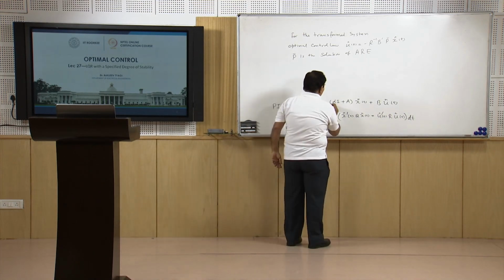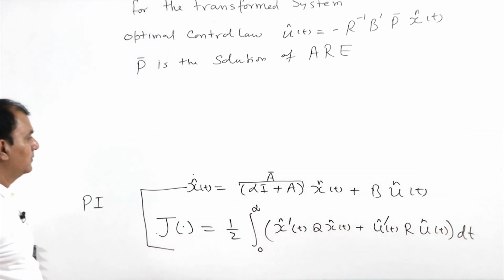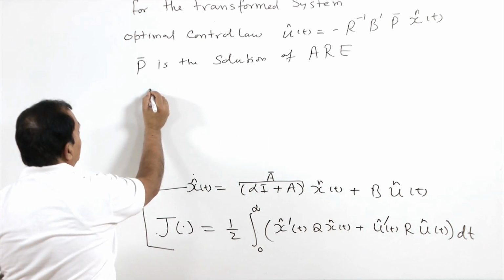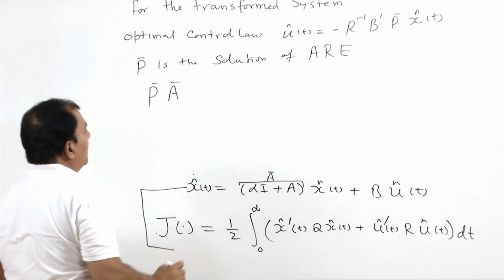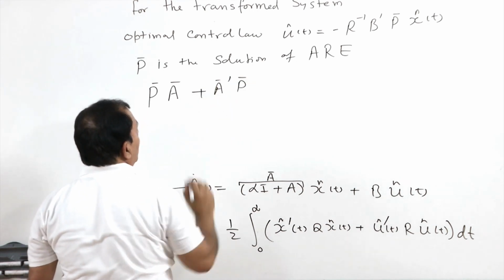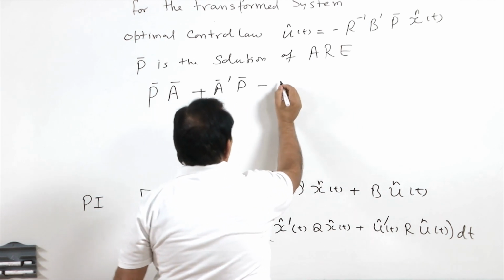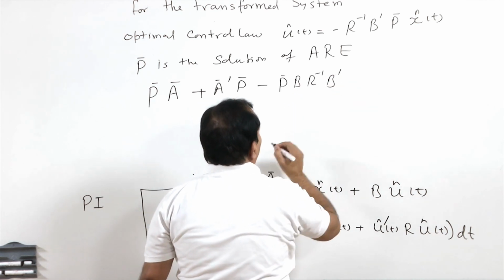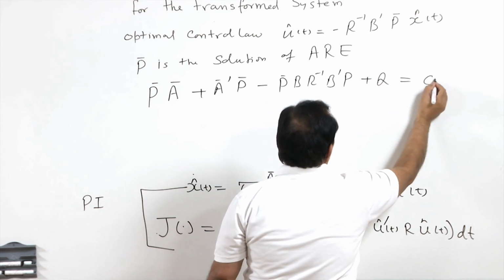If I consider this whole matrix to be, let us say, A bar, my ARE will be P bar A bar plus A bar prime P bar minus P bar B R inverse B prime P bar plus Q equal to 0.